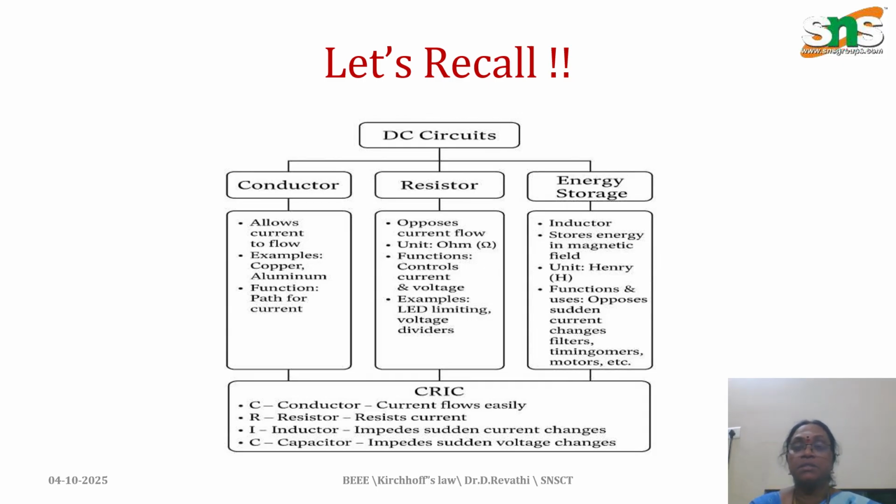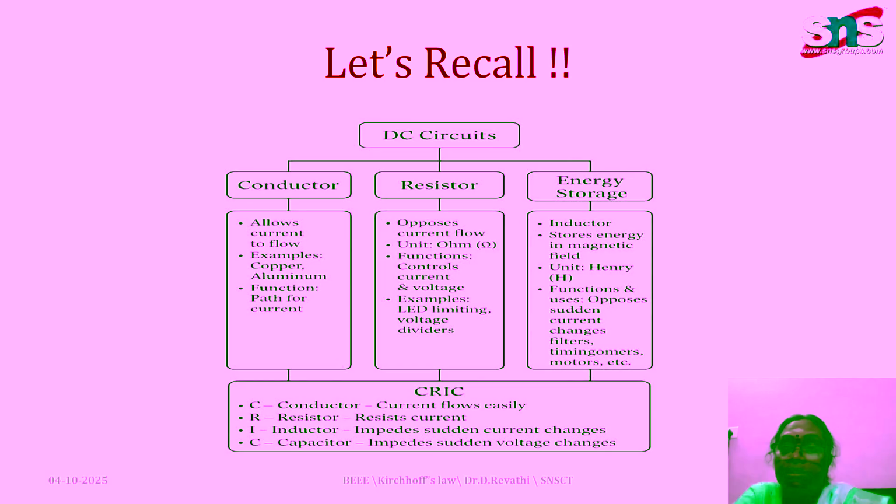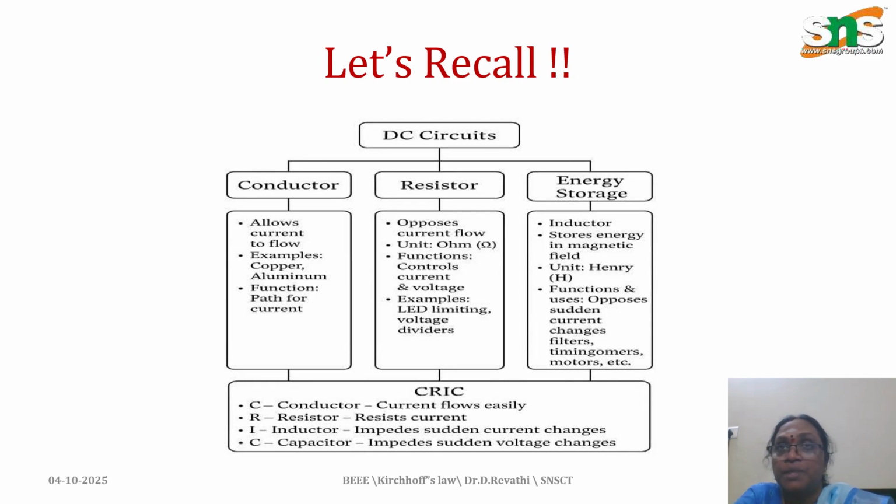I think we all discussed the DC circuit. The DC circuit consists of components: conductor, resistor, inductor, and capacitor. A conductor allows the electrons to flow. A resistor resists the current, and its unit is ohm. An inductor stores energy in magnetic form, and its unit is Henry.